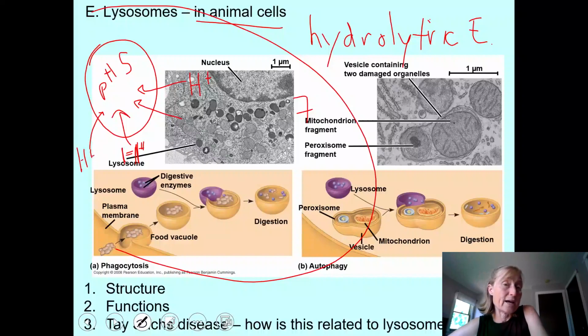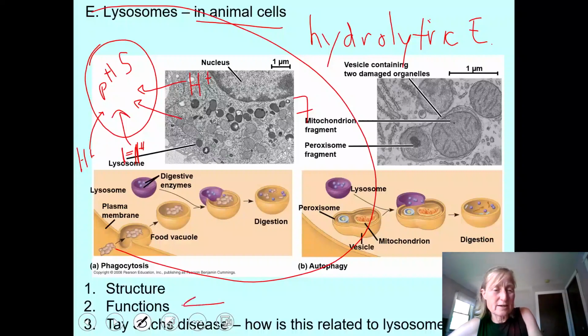And it turns out these hydrolytic enzymes only function at about a pH of 5. They don't function anywhere else. And that's a good thing, because if these hydrolytic enzymes left the lysosome, they could start destroying things in the cytosol. But instead, they only work at a pH of 5, and the lysosome sits at a pH of 5. I like this.